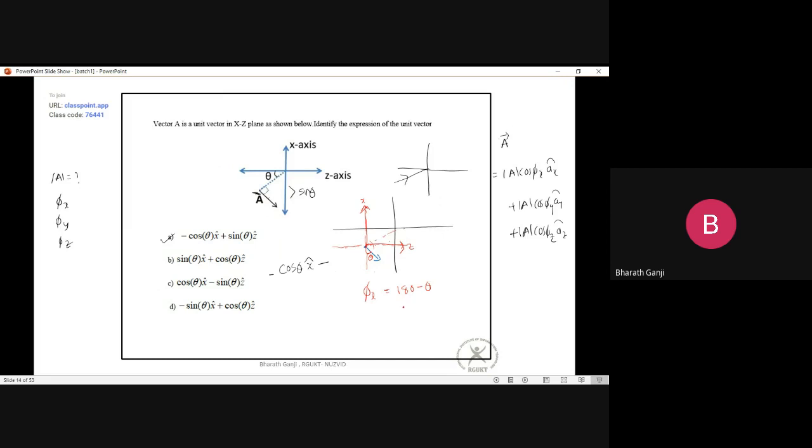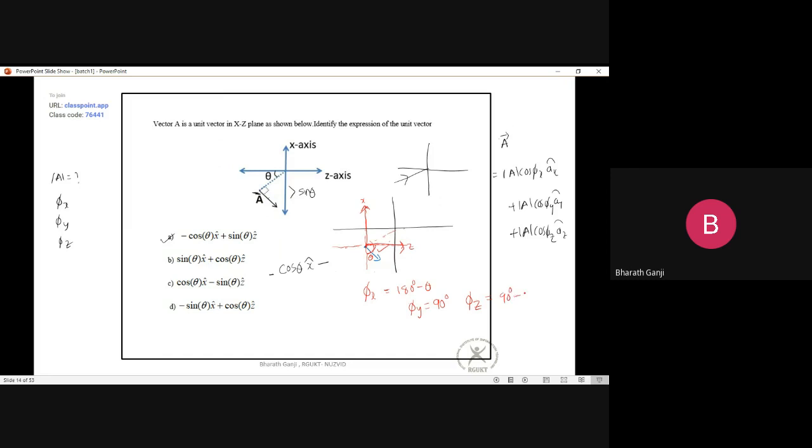And what is phi y? Because the vector is in the xz plane, it is perpendicular to the y axis, so it is 90 degrees. And what is phi z? The z axis is here and the vector is here, so this is the angle which I have to choose, which is 90 minus theta.